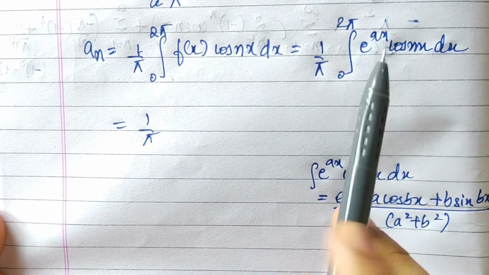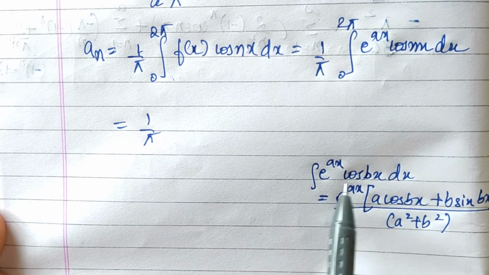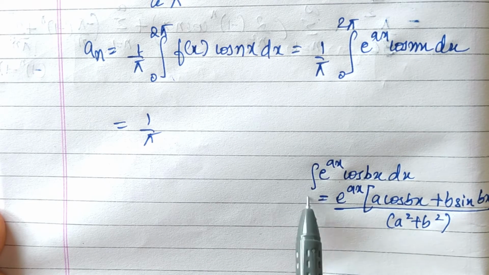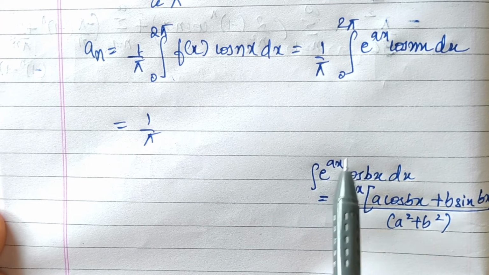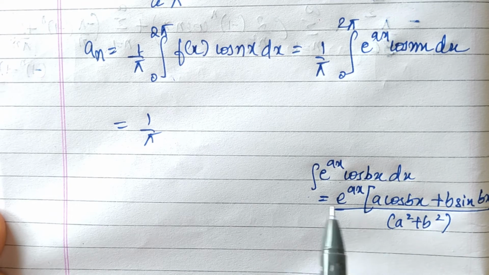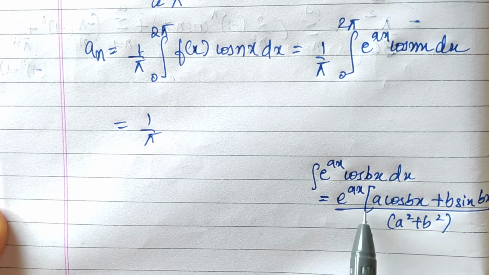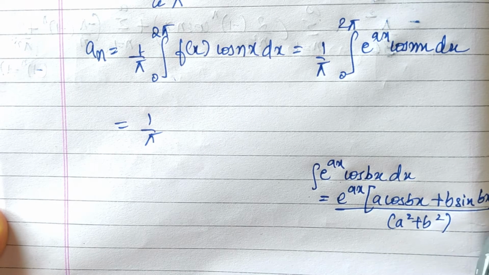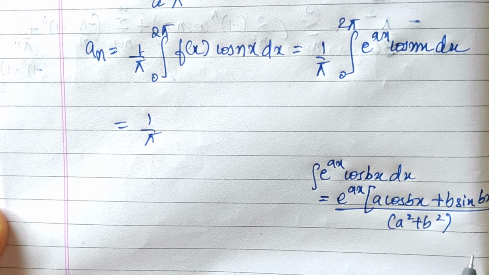There is a direct formula to this, which you can make a note of. The integral of e power ax cos bx dx is equal to e power ax into a cos bx plus b sin bx divided by a square plus b square.